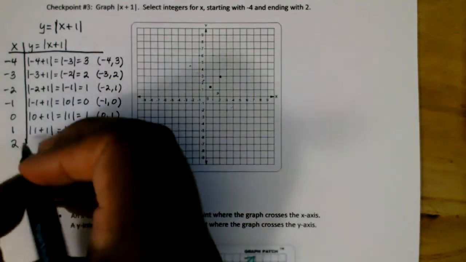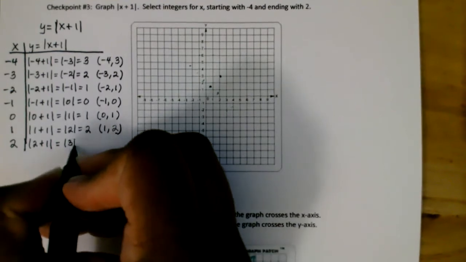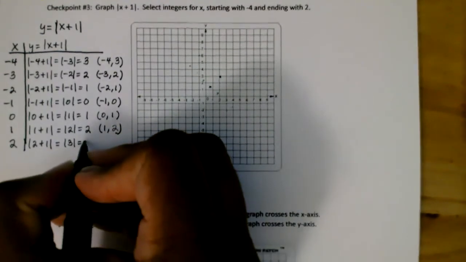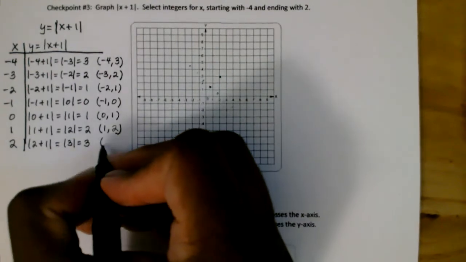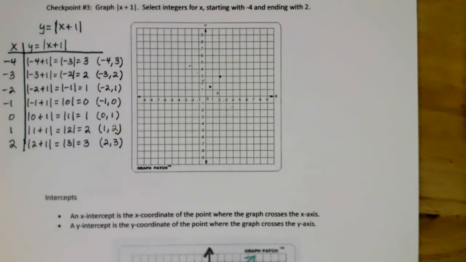And then for x equals 2, we have the absolute value of 2 plus 1. 2 plus 1 is 3. The absolute value of 3 is 3. So the last ordered pair would be 2, 3.